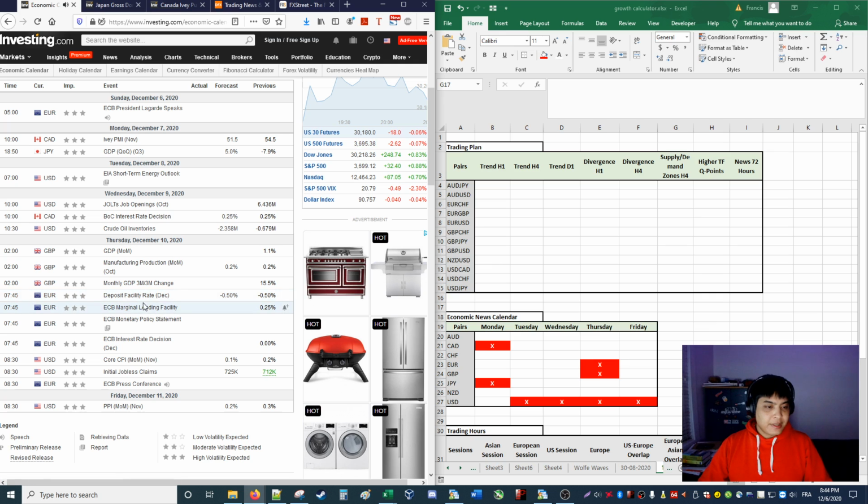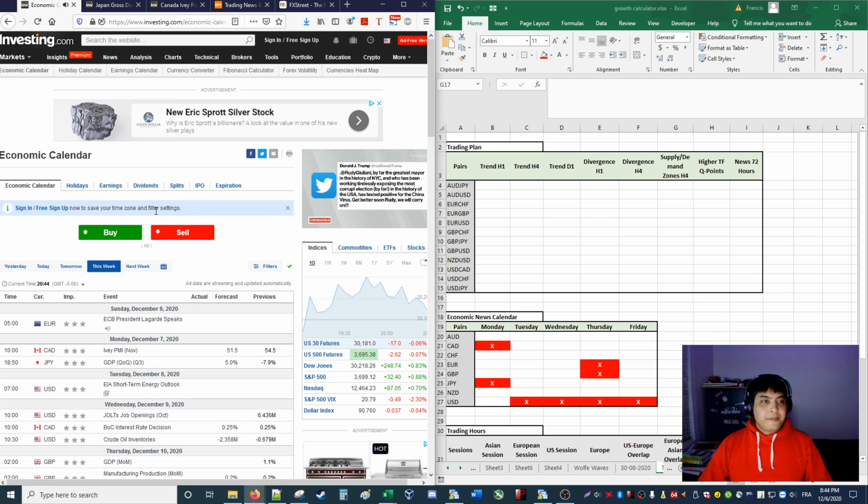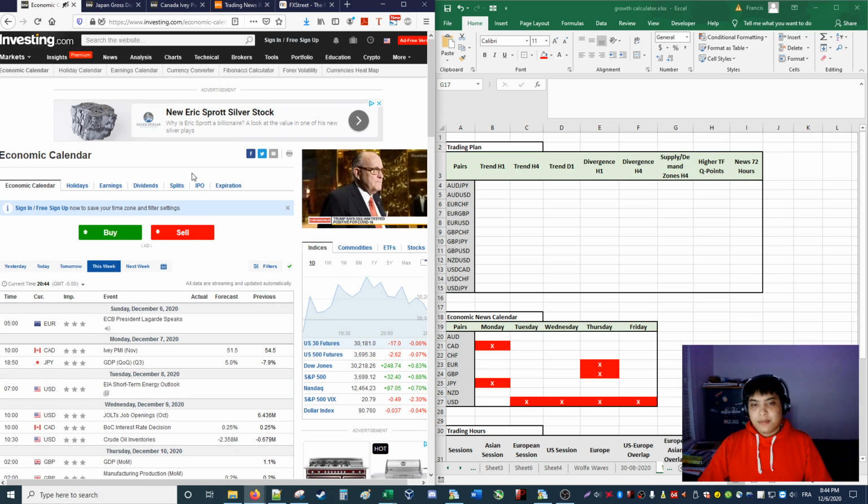So the deposit facility, so that's the euro. The euro is doing quite good lately for some reason. And again, the US on Thursday. Probably still going to be lower value than expected. Last week was low data, so that wasn't too good. Okay.